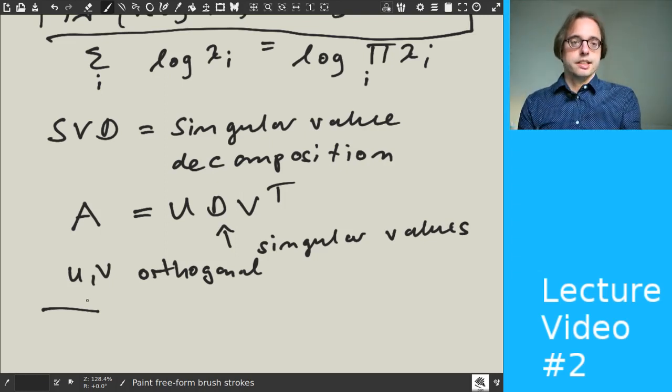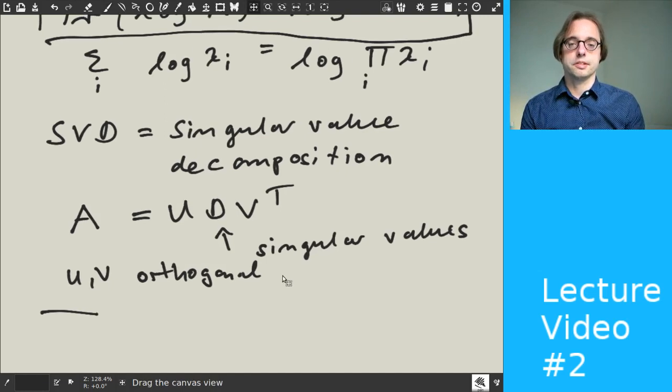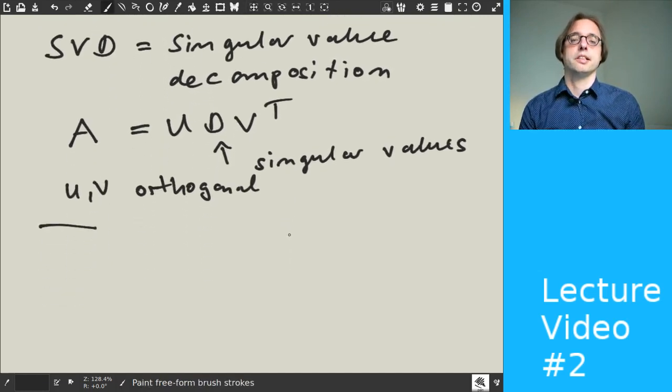So as a last thing, all of this stuff you should be familiar with. We don't really use this in a very technical or theoretical way.